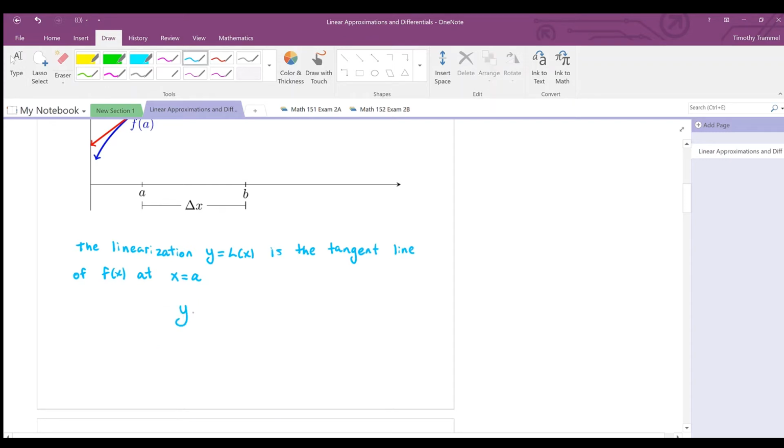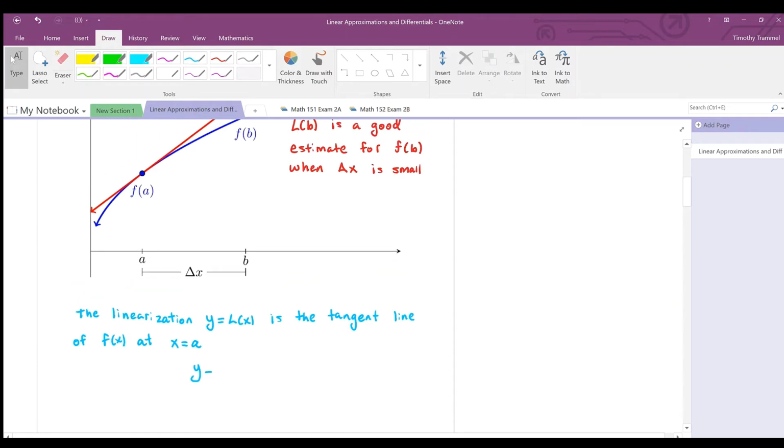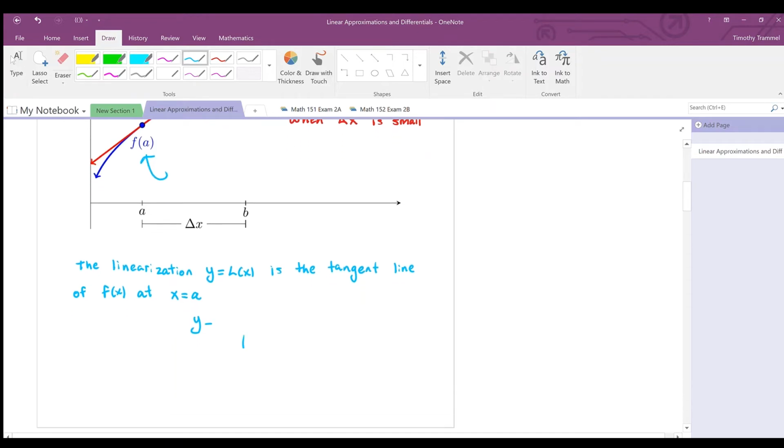And the equation for this thing is y equals, or actually let's write our point slope form here first, and then we'll box the answer. If we were to come up with the equation of this tangent line, we know we want y minus the y value of the point that we're going to go through. So the y value is f of a. So y minus f of a is equal to, and the slope of the tangent line should be the derivative, so f prime of a, times x minus the x value that we're going through, and that would be a.